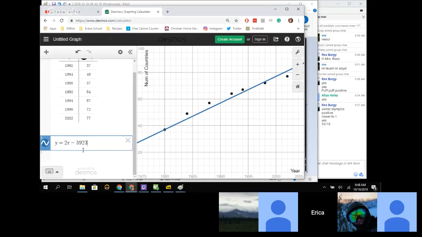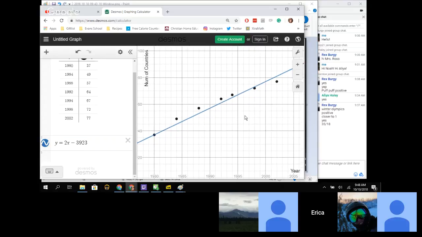I would say that our R value is probably 0.9, at least on this. So then if I asked you to predict how many countries participate in 2006, could we do that based off our data?